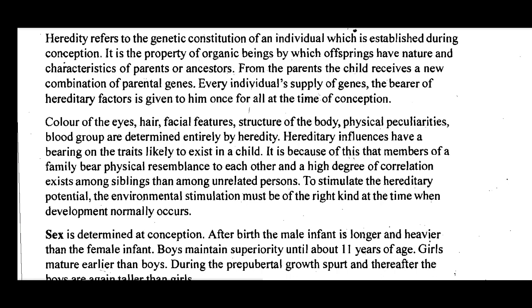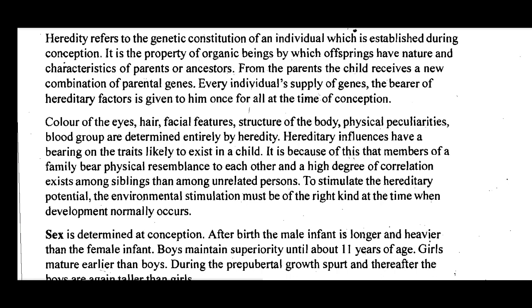Color of the eyes, hair, facial features, structure of the body, physical peculiarities, and blood group are determined entirely by heredity. सब हमें हेरिडिटी अनुवंशिकता से ही प्राप्त होती हैं.